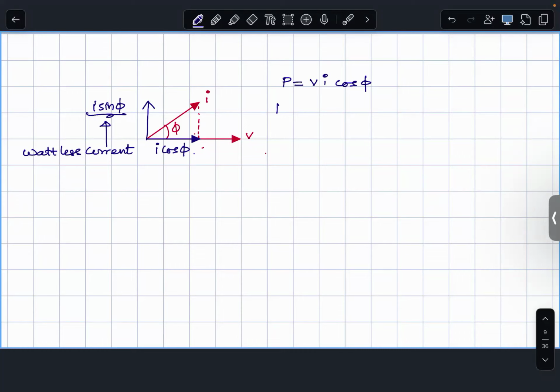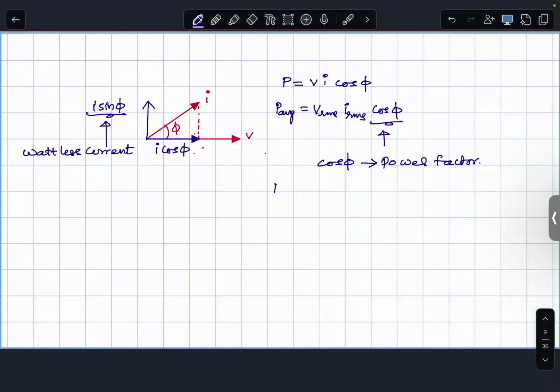Later, for average power, you will write the same as V RMS, I RMS, cos phi. And this is a constant for a circuit, so long as you are not changing L, R, or C in that particular configuration. This cos phi term is what we will call the power factor.